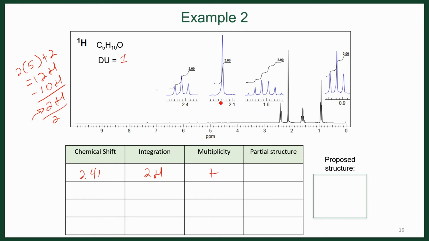And then we have a signal around 2.14, and that integrates for 3 hydrogens, and that is a singlet. And then we have something around 1.61, and that integrates for 2 hydrogens as well. And now it is a 1, 2, 3, 4, 5, 6. So it's a sextet.